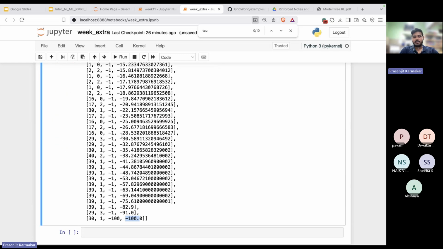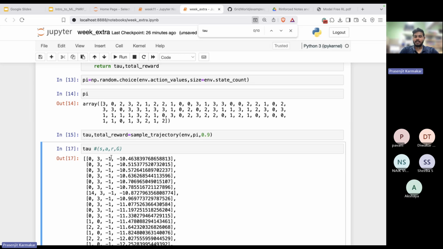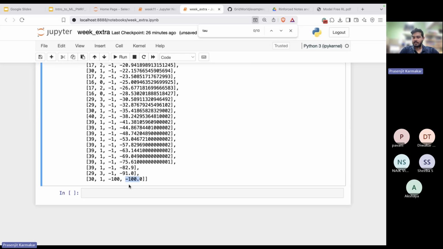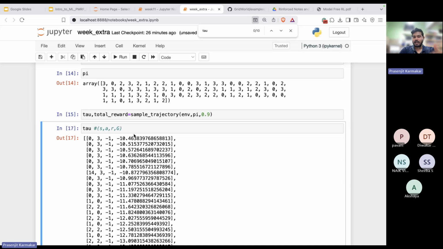See, this R and G are different, right? G is basically your discounted return and R is the immediate reward. For the last state, the reward is what? R_T is G_T, because there are no further states. So the reward and the return of the last state would be the same. And this is for one trajectory. Now you can collect a lot of such trajectories, right? That's your experience.